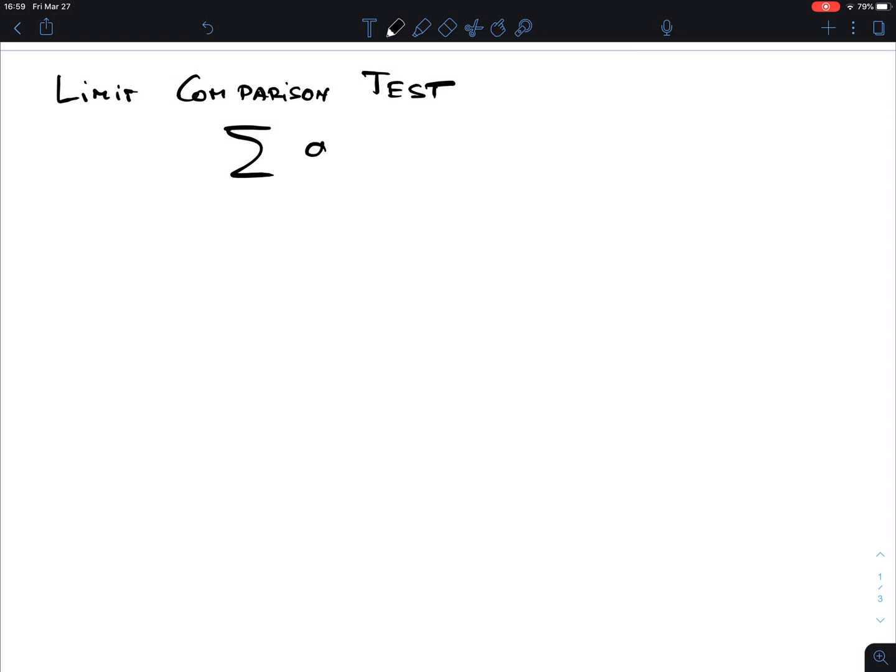Here is the actual limit comparison test in general, so that you can follow why I'm doing what I'm doing. We have a given series a_n, and we choose another series b_n, and I'll give many more examples of how to do this.